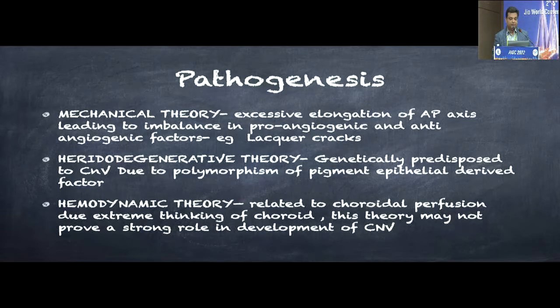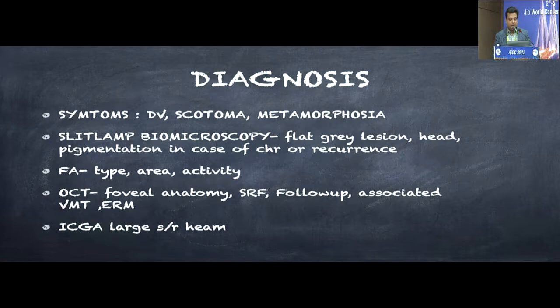Now, coming to the diagnosis of myopic CNVM, usually these patients present with a recent drop in vision, which could be in the form of scotoma, metamorphopsia, or generalized blurring. Very typically, we can pick these membranes with slit lamp biomicroscopy, either by a 90 diopter or a 70 diopter lens.